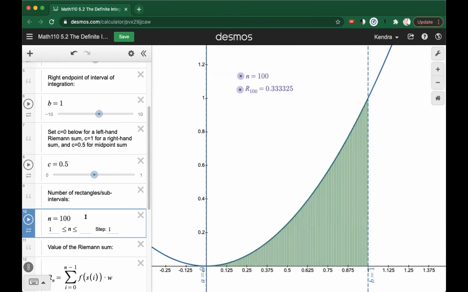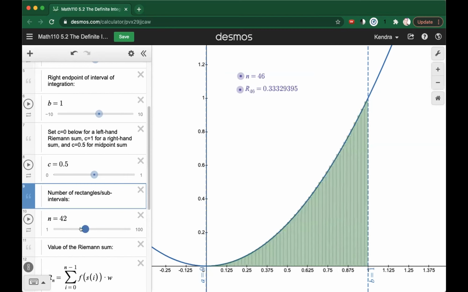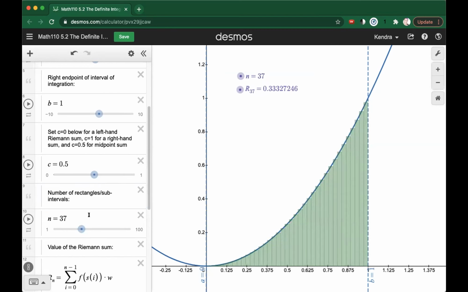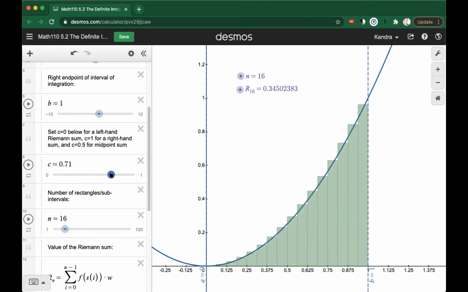Something that you can do, it turns out that for these estimates, it doesn't actually matter what point in the subinterval I use. So I could use a point that is a quarter of the way between the left endpoint and the right endpoint, or I could use a point that is 9/10 of the way between the left endpoint and the right endpoint.